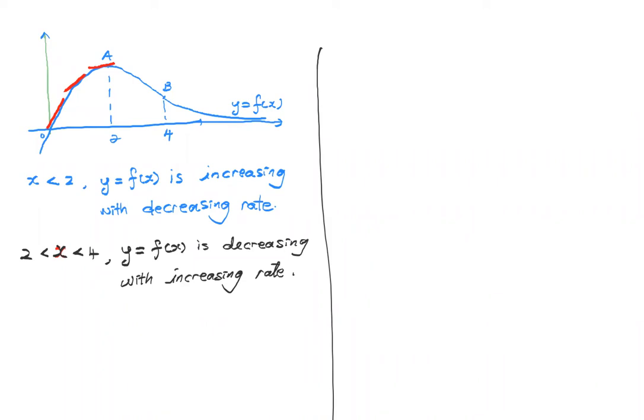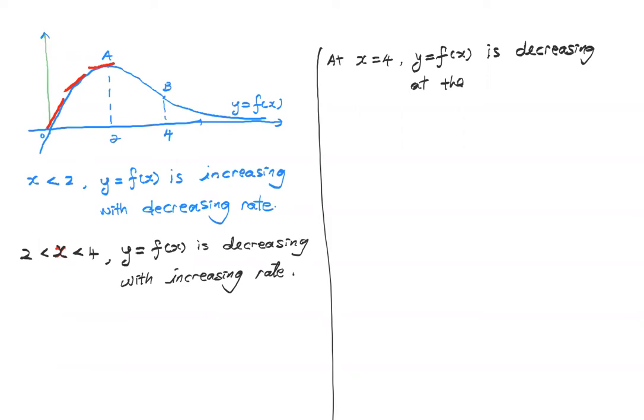Okay. So now I want to tell you another meaning of non-horizontal inflection point. y equal to f(x) is decreasing because at this point the graph is going down. At this point the gradient is the steepest. Am I right?